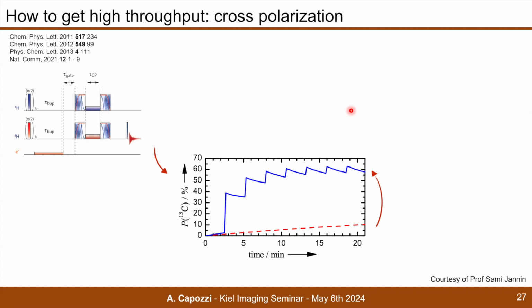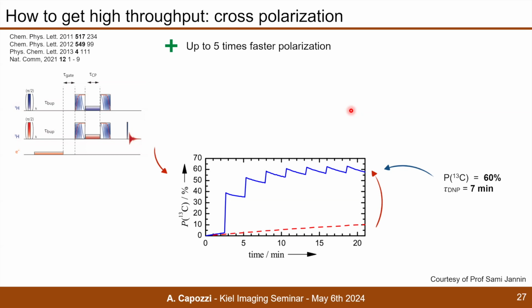Basically, you use a radical that is optimized to polarize protons in your sample. Because the protons are abundant, spin diffusion is fast and the polarization is much faster. Then you cross-polarize: you have a double coil, you match the Hartmann-Hahn condition, and you transfer polarization from the rapidly polarized protons to the carbon.